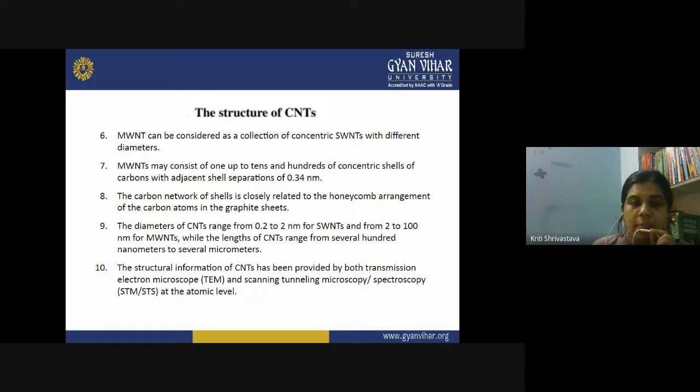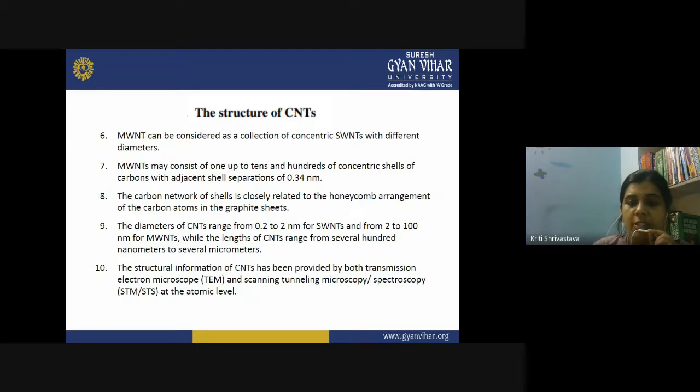The multiple-wall carbon nanotube, MWNT, can be considered as a collection of concentric single-wall nanotubes. Their structure is like so many water pipes put together in a bunch, and all the tubes could have different diameters. A multi-wall nanotube may consist of one up to tens and hundreds of concentric shells of carbon with adjacent shell separation of 0.34 nanometer.